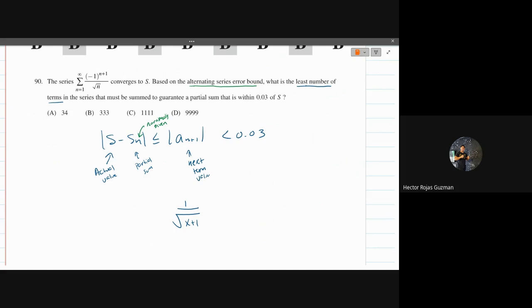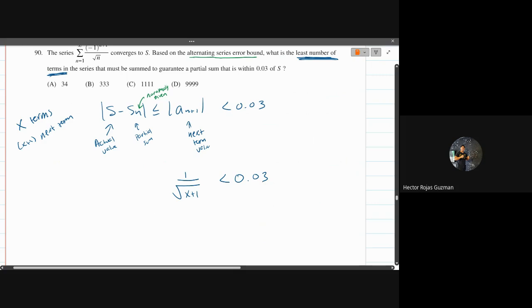Oh, what is the least number of terms the series must use? Well, we don't know how many it's going to use. We know it's going to use x terms in order for the error to be less than 0.03. So you're going to plug in an x plus 1, because that would be the next term in the series. That's where this is coming from. And that's going to be less than 0.03.